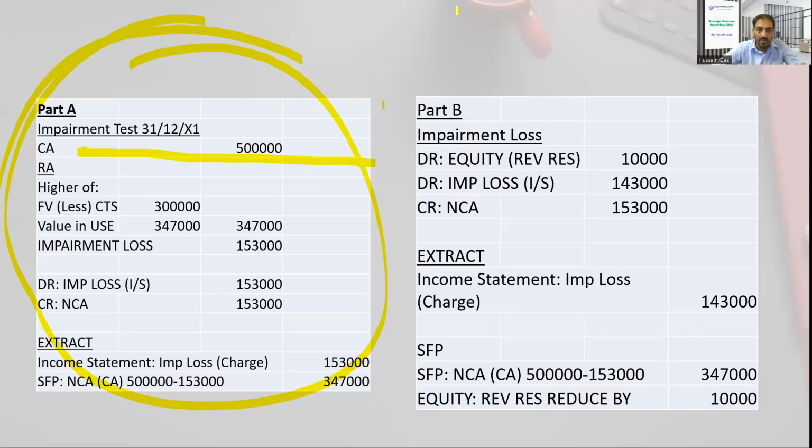But the point is that whatever we have done till now, this is F7 standard. F7 means just to make a financial statement extract.